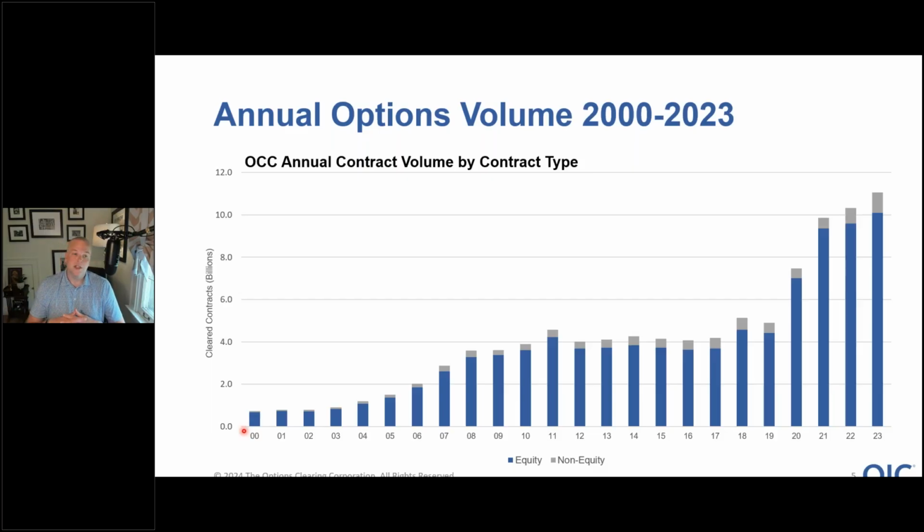But it's also just the breadth of the amount of people that are playing in the marketplace. If you look at this in 2008, we cleared about 3.7 billion contracts. By contrast, in 2023, we cleared about 11.2 billion, and we're on pace to clear roughly 12 billion or more this year. These numbers are staggering as far as volume is concerned.